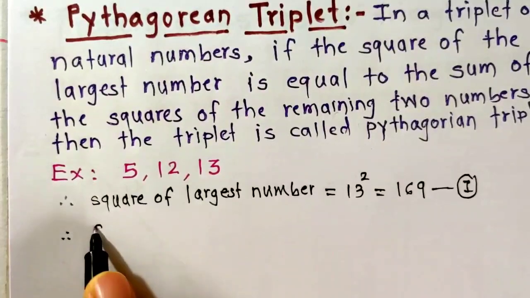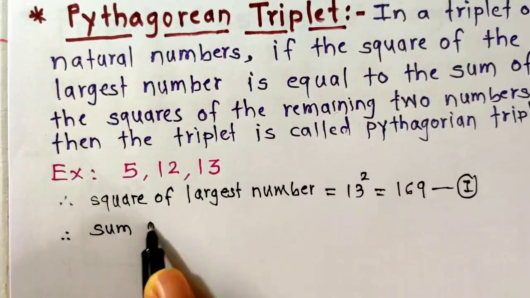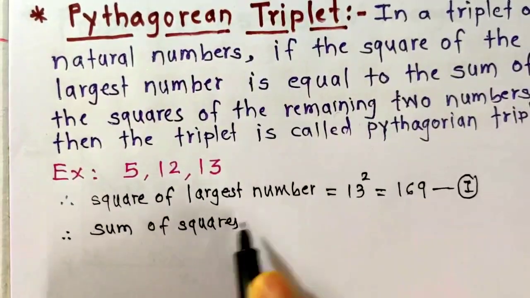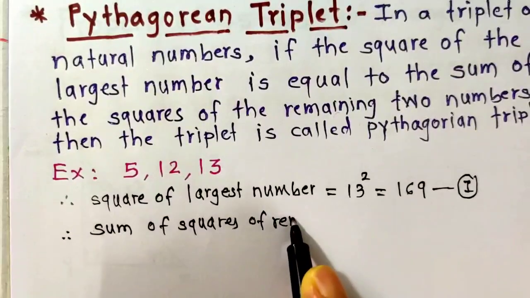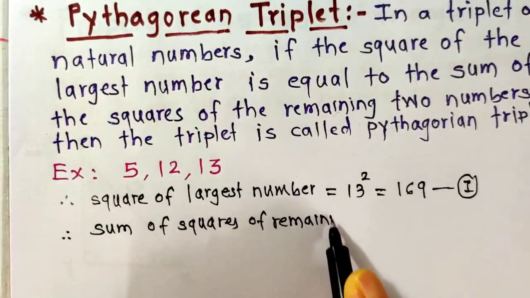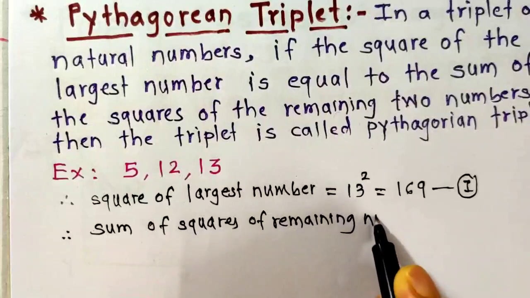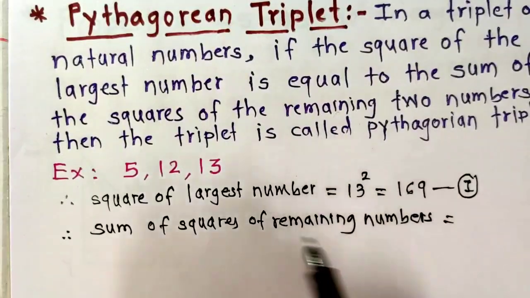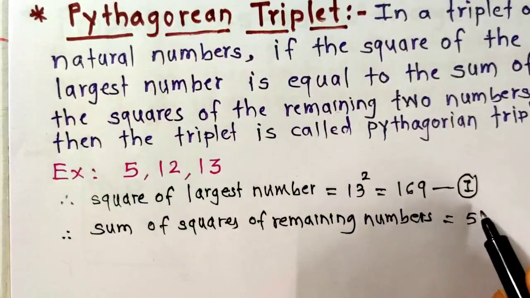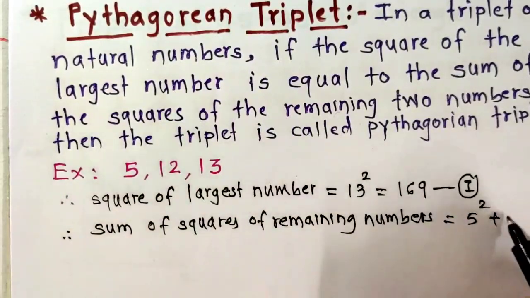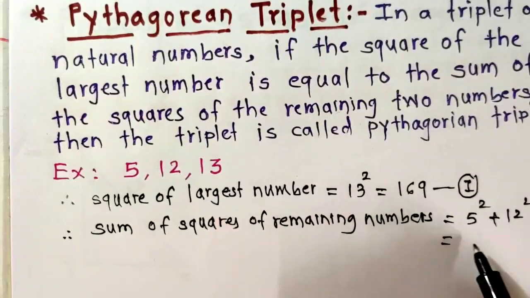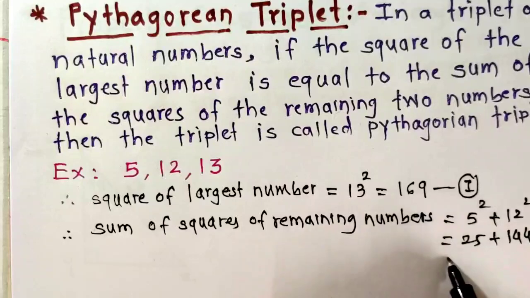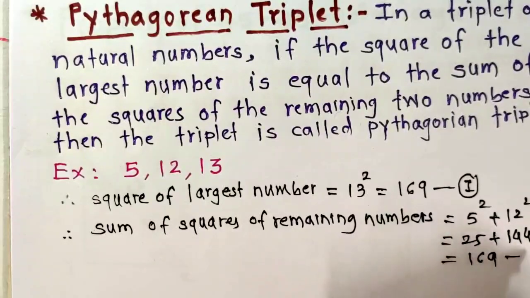Then second step, sum of squares of remaining numbers is equal to, the remaining numbers are 5, so 5 square, second number is 12, 12 square. 5 square is 25, 12 square is 144. This sum is again 169.